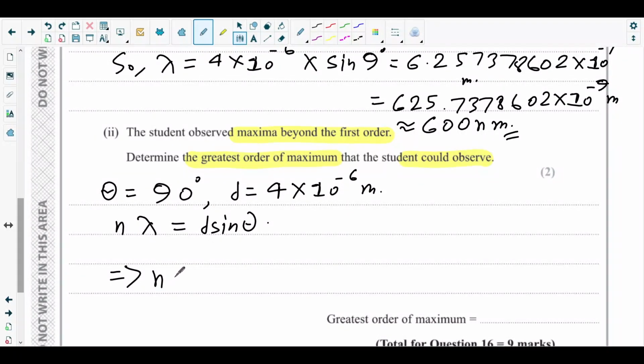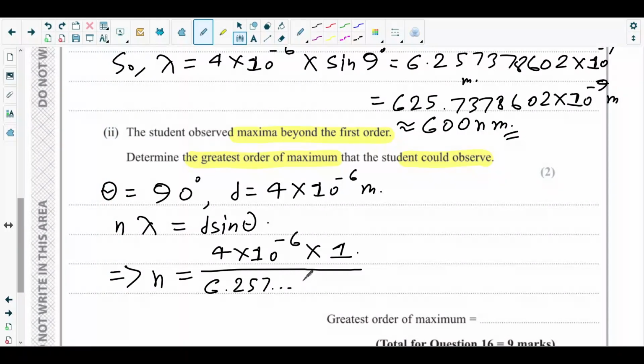So n would be d, which is 4 times 10 inverse 6, times sine 90 degrees, over lambda. Lambda is basically 600, but use the exact value, 6.25 times 10 inverse 7. It has no units.